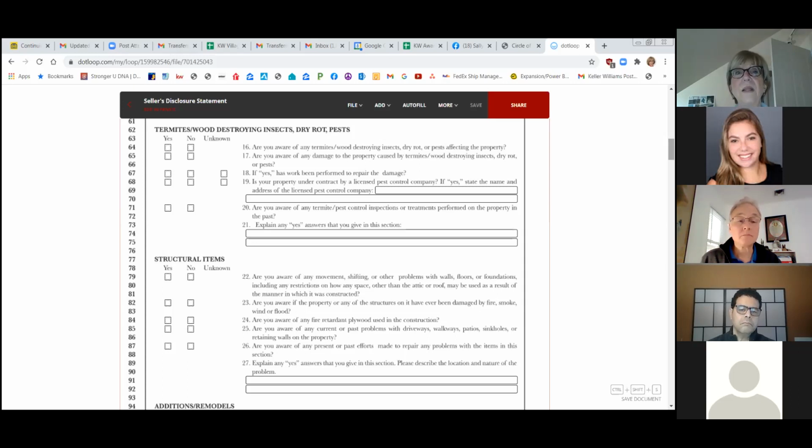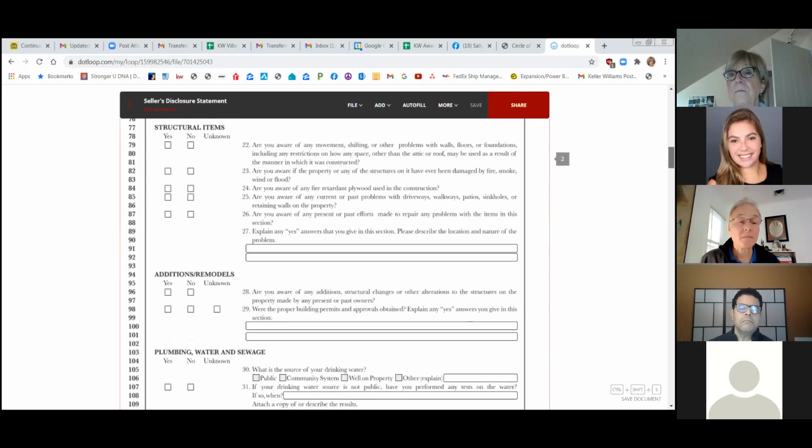So this form not only helps the sellers not have liability because they're answering this honestly, hopefully, but it takes away some of your liability.